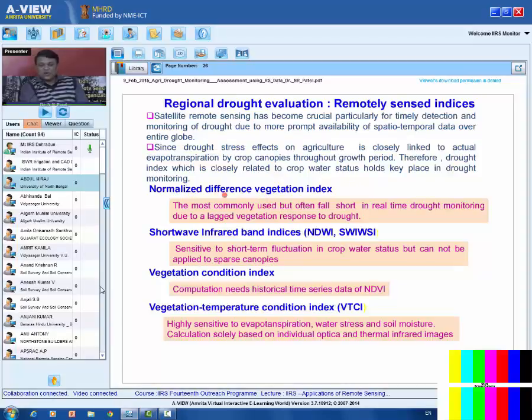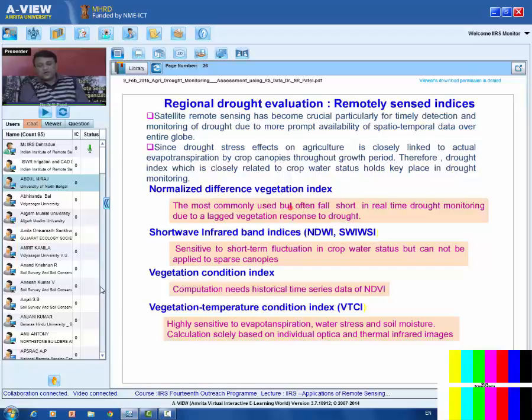One of the commonly used indices is the normalized difference vegetation index. This is one of the most commonly used, not only across India but also in the world. But this particular index has certain problems. It may not be accurate in monitoring real-time drought because there is an associated time lag in response to the drought, or you can say rainfall.